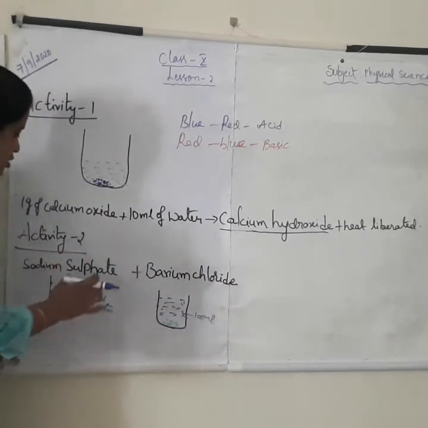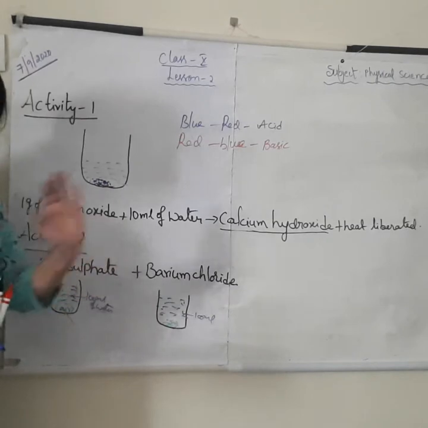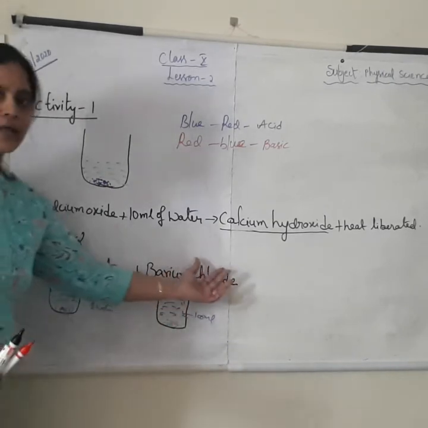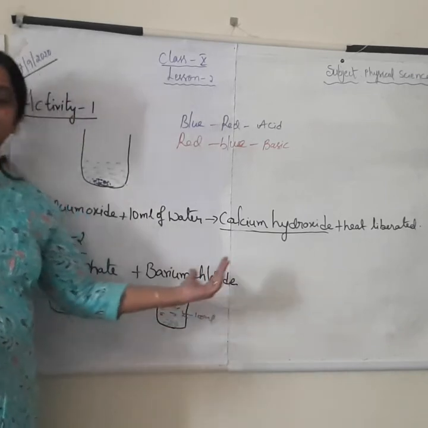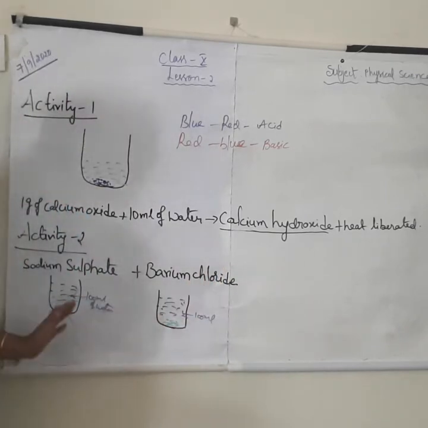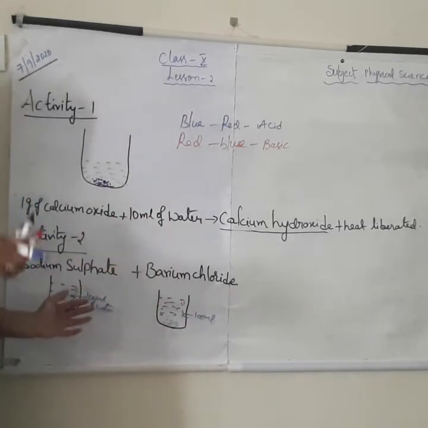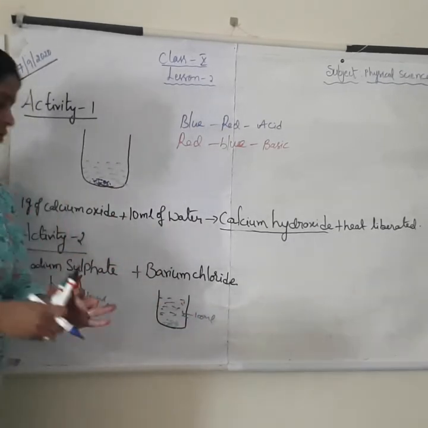Then you are getting the 2 solutions: one is sodium sulfate solution, the other one is barium chloride solution. After preparing these 2 solutions, mix them. Means you pour these 2 solutions into 1 beaker.